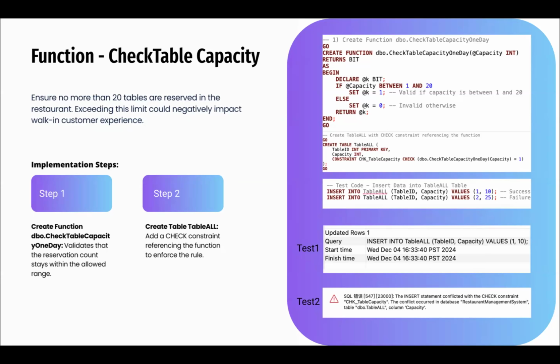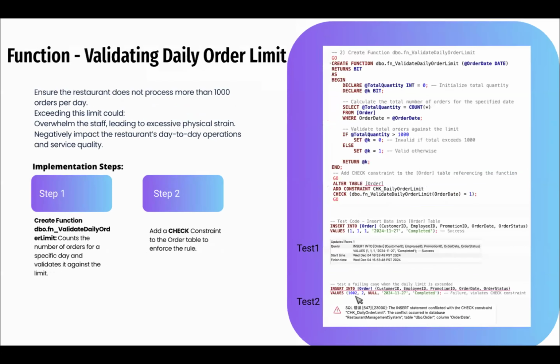Then we add a check constraint to the reservation table to enforce this rule automatically. Here is a successful case: reserving 10 tables works fine. And here is a failed case, because trying to reserve 25 tables failed due to the constraint.